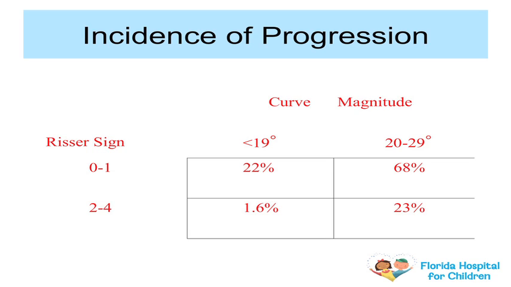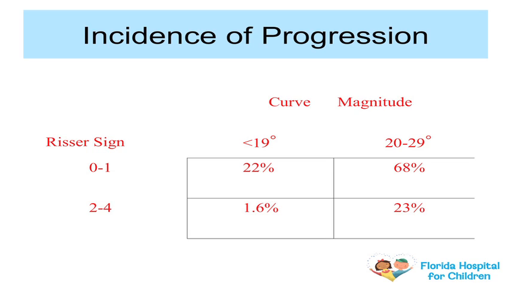This table talks about curve magnitude being less than 19 or more than 19 degrees. In terms of maturity, you talk about Risser's sign, those x-rays. Either the growth plate is not formed yet or half formed, or is it more than 50% formed? That's stage 2 or 4.